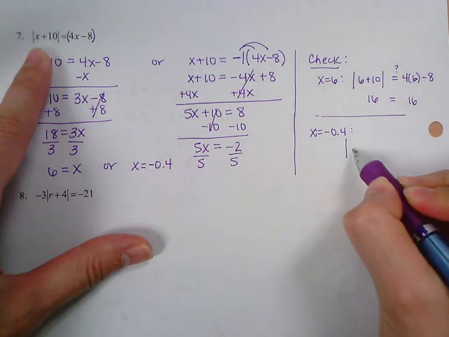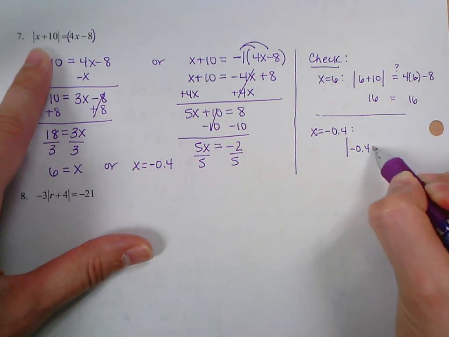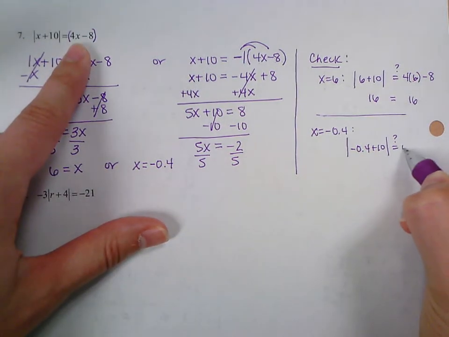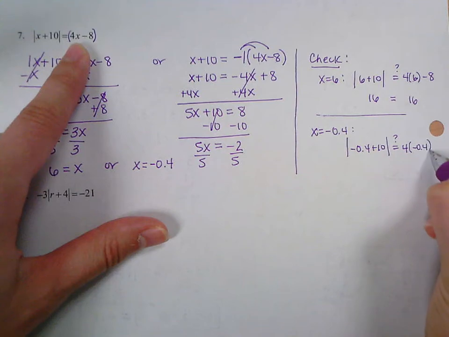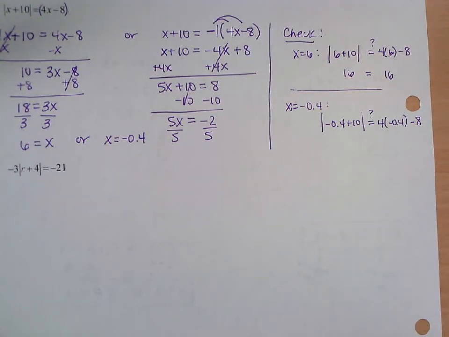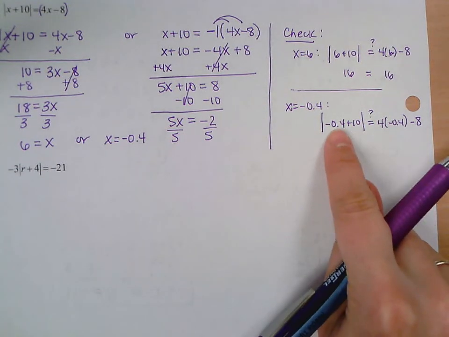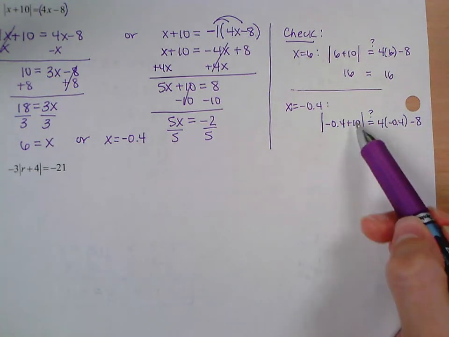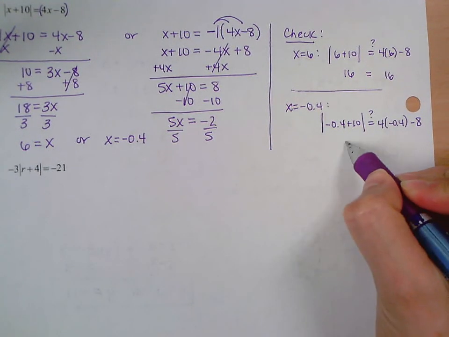If I check x equals negative 0.4, I have the absolute value of negative 0.4 plus 10. Does that equal 4 times negative 0.4 minus 8? Negative 0.4 plus 10 is positive 9.6, and the absolute value is still positive, so this side is 9.6.